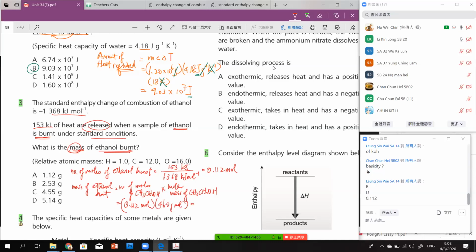So you will get the answer, 5.14 gram. Can you get the point? So the answer is D.